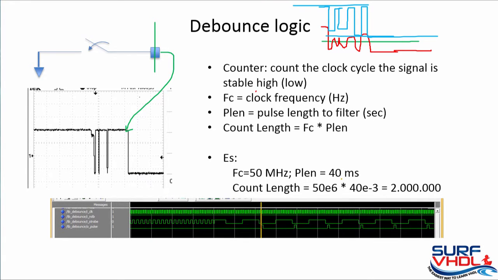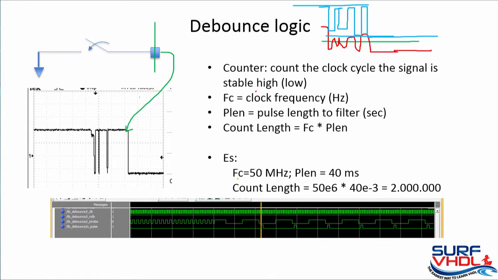So, to be more general, if Fc is the clock frequency of the FPGA, and we need to filter a pulse length of p-len seconds, we need to count Fc times pulse length clock cycles.